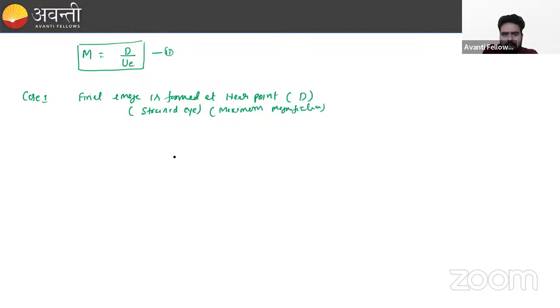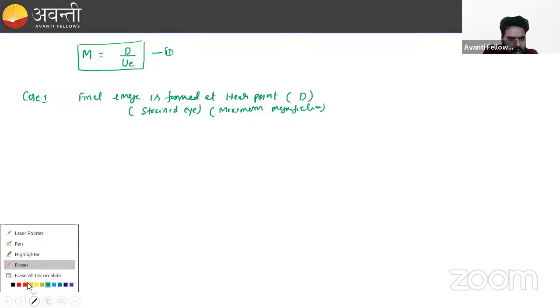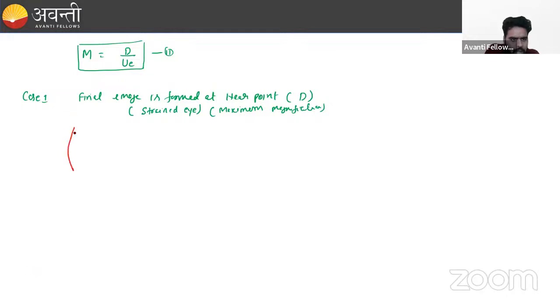So what will happen here? If we want the final image to be formed at D, then what do we have to do? We know that if this is our lens and we want the final image formed at D, that is, image distance VE will become equal to D. Correct, guys? Correct. So this is our final image.